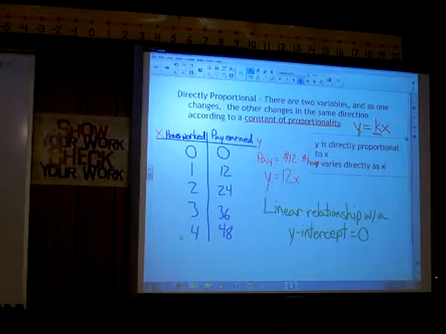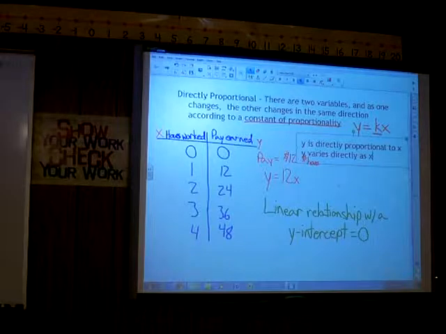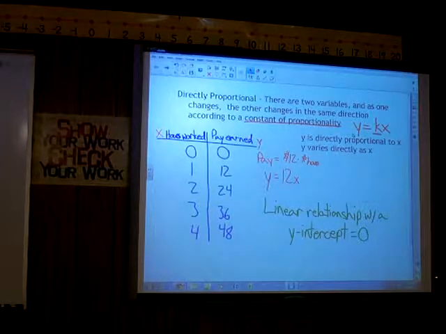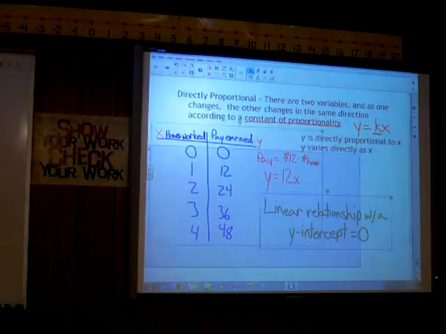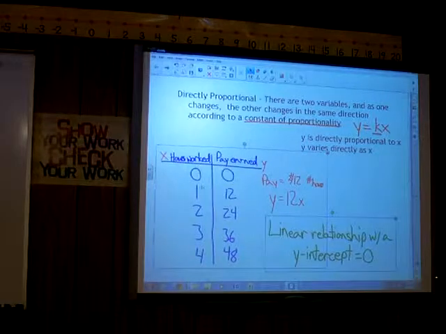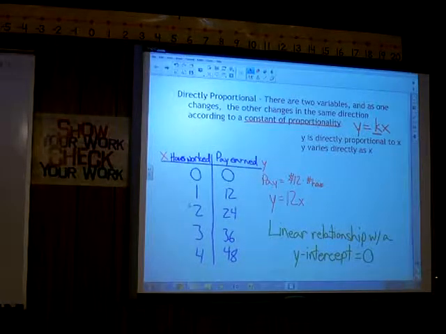It's slightly different terminology, but it means the same thing. And in general, this is what we're talking about: some kind of a linear relationship with a y-intercept equal to 0.